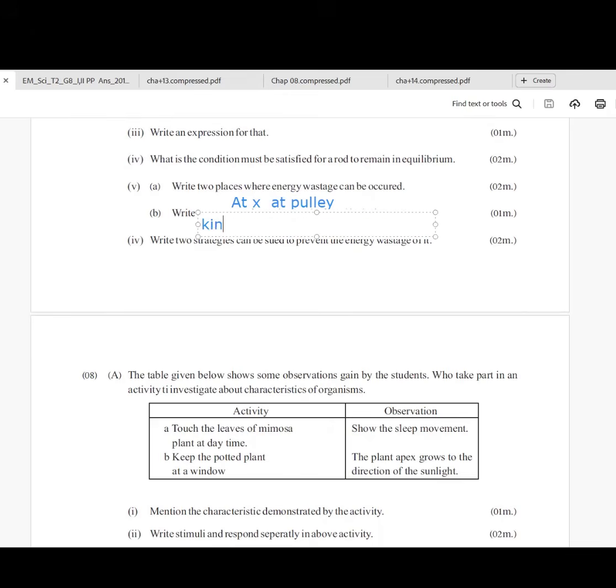Kinetic energy can be turned into heat energy, or you can write sound energy. Right, two strategies can be used to prevent the energy wastage of it. Applying oil, applying grease.